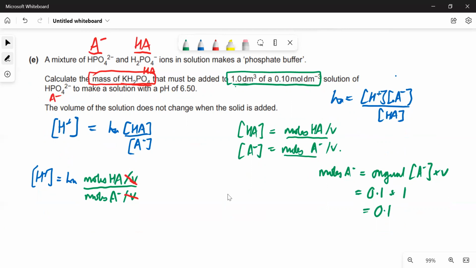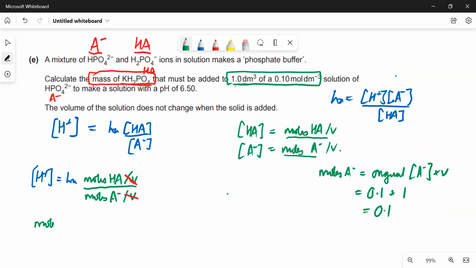Ka, they told us earlier, is equal to 6.2 times 10 to the minus 8. So the only thing we don't know here is moles HA, and that's what we've got to find out. So I'm going to rearrange that equation.